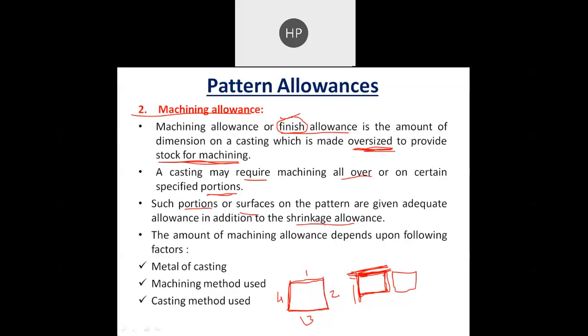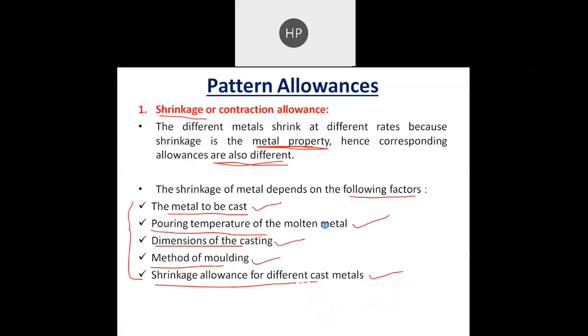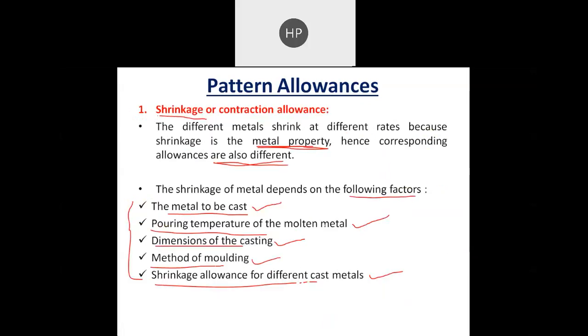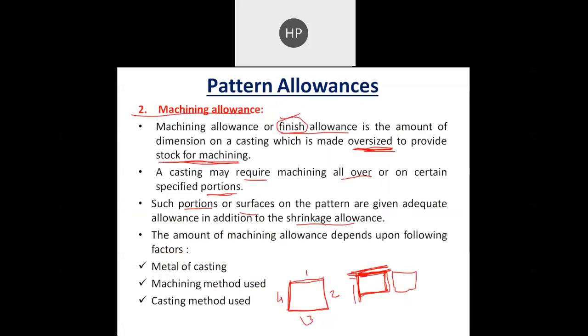So we have to keep both in mind and then design the pattern, because in both the shrinkage as well as the machining allowance, our size is reducing. In shrinkage we know that it will shrink so its size will reduce, and in machining again we are removing certain stock of the material, so again your size will reduce.